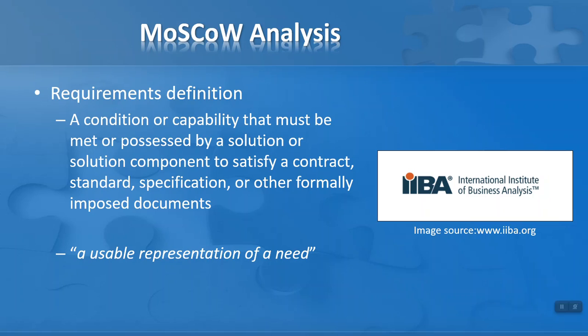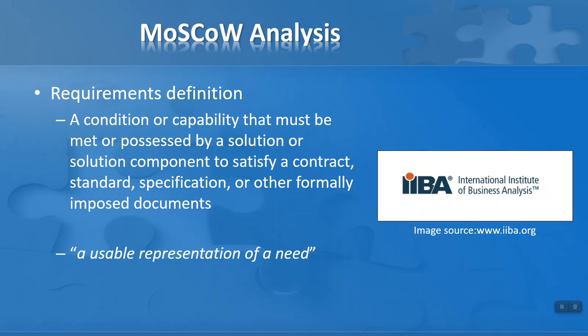So let's take a look at a formal definition of what a requirement is, and this one comes from the IIBA, the International Institute of Business Analysis. And they define a requirement as, and I quote, "a condition or capability that must be met or possessed by a solution or a solution component to satisfy a contract, standard, specification, or other formally imposed documents."